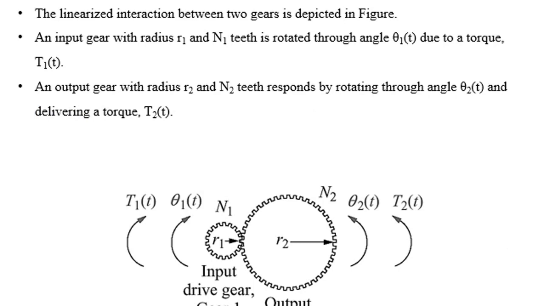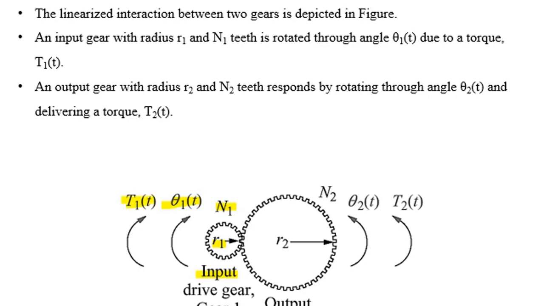Dear students, a linearized model of a gear system is given in the figure. We will make analysis of this system and try to develop various relations for torque, angular displacement, number of teeth of a disk, and a radius of a disk. The input gear has a radius of R1. The number of teeth are represented by N1.